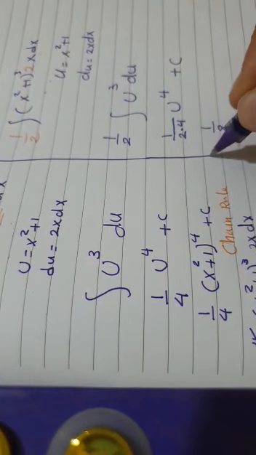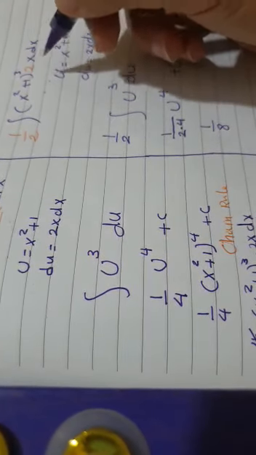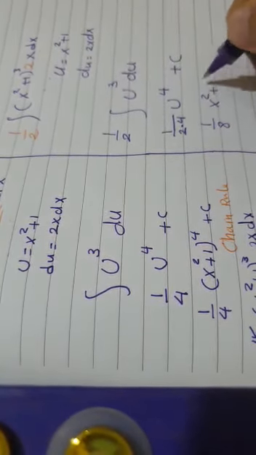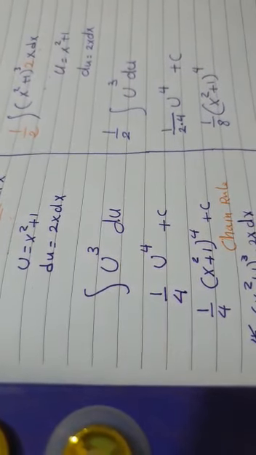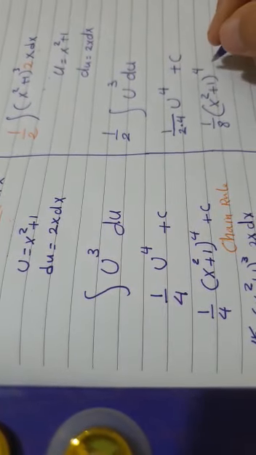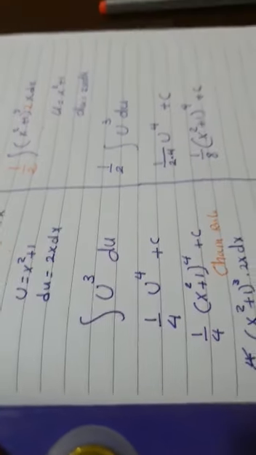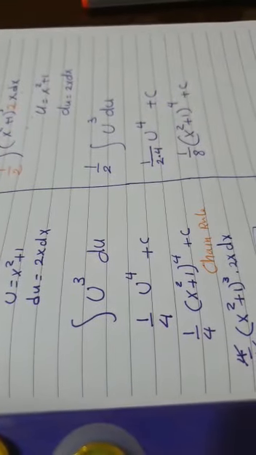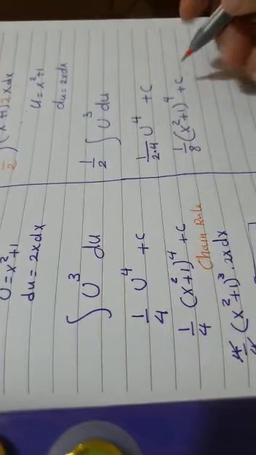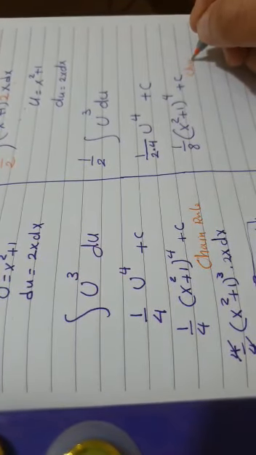That gives 1 divided by 8 u to the power 4, which is (x squared plus 1) to the power 4, plus c.